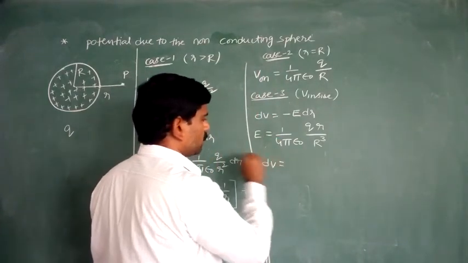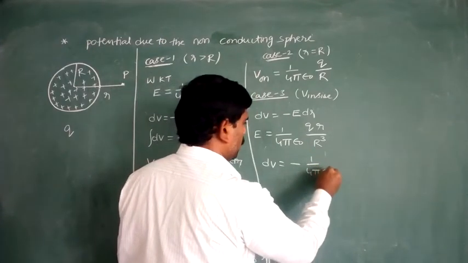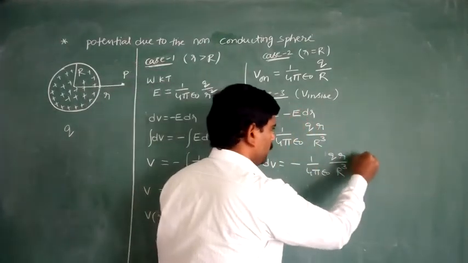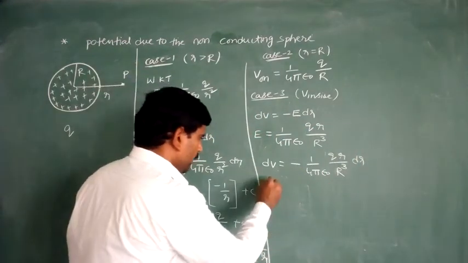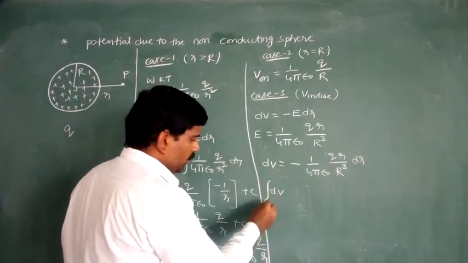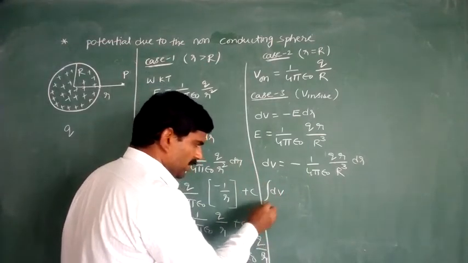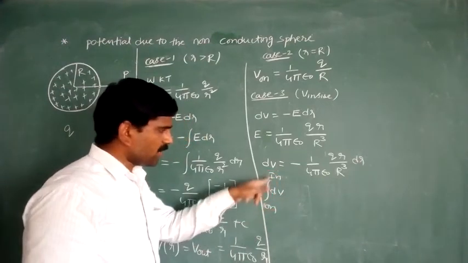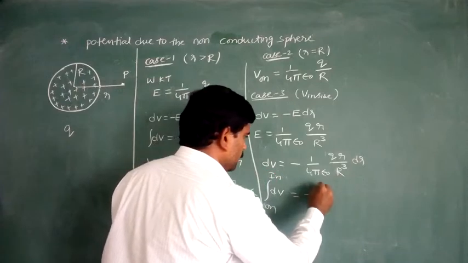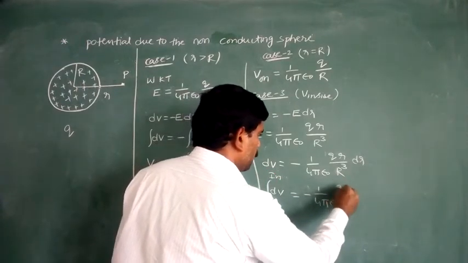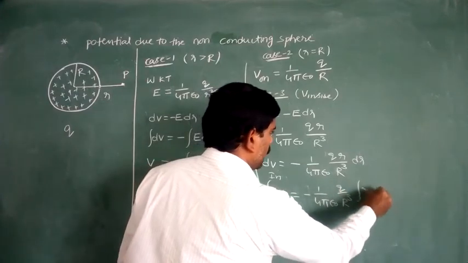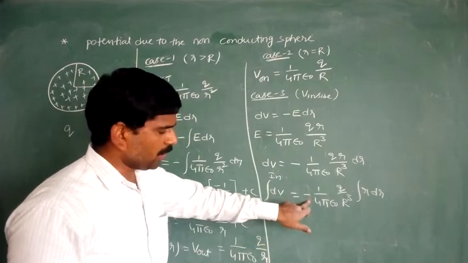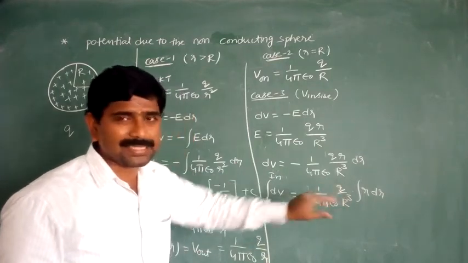Here dV is equal to minus 1 by 4 pi epsilon naught into q into r by capital R cube into dr. Integrating this equation, integral of dV from the surface to the inside is equal to minus 1 by 4 pi epsilon naught into q by capital R cube into integral of r dr. Here the constant term is 1 by 4 pi epsilon naught into q by R cube.